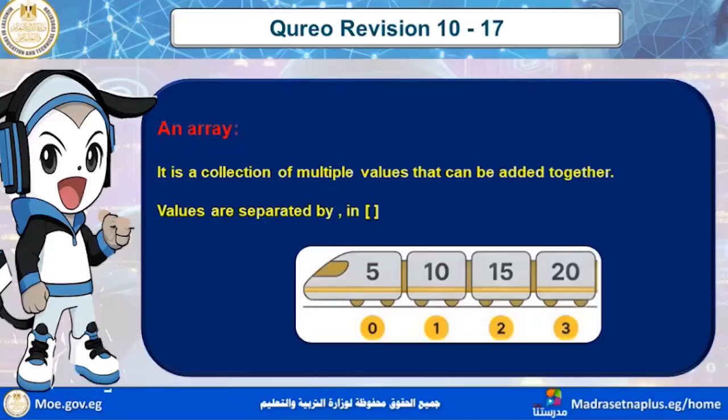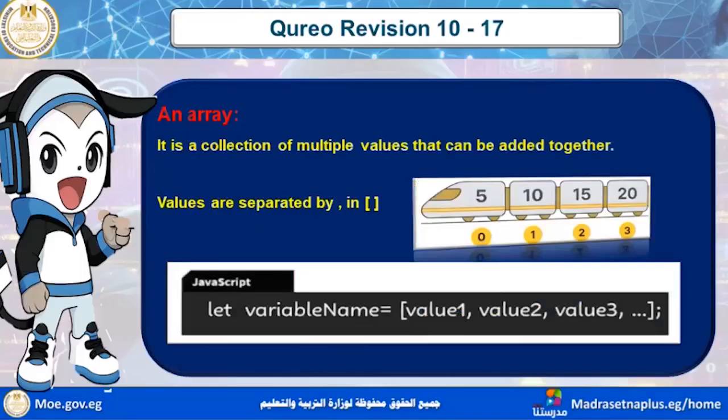We have multiple boxes that can be added together, and the values are separated by commas in the brackets. So an array is a collection of multiple values that can be added together, and we will start tomorrow how you can do it.